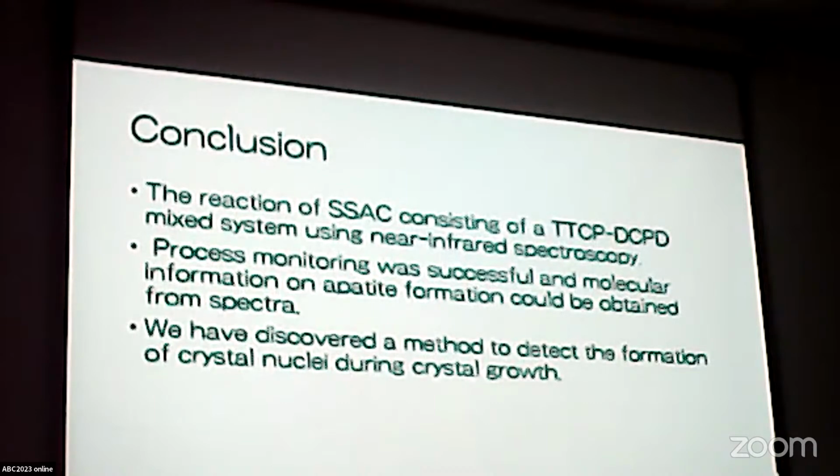For example, FTIR is separated from the free water and the boiling water. So it is very easy to measure. Its advantage, and the measurement time is only 4 or 5 seconds. So we can detect the rapid reaction, for example, the chemical changes.